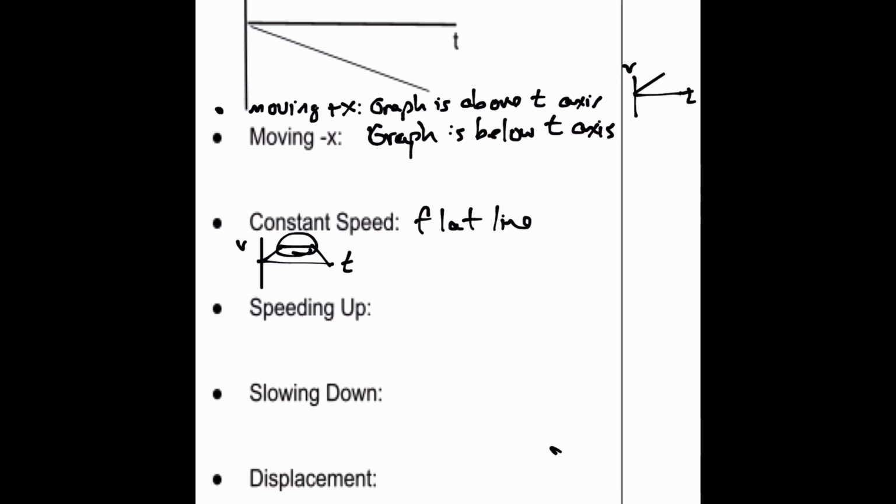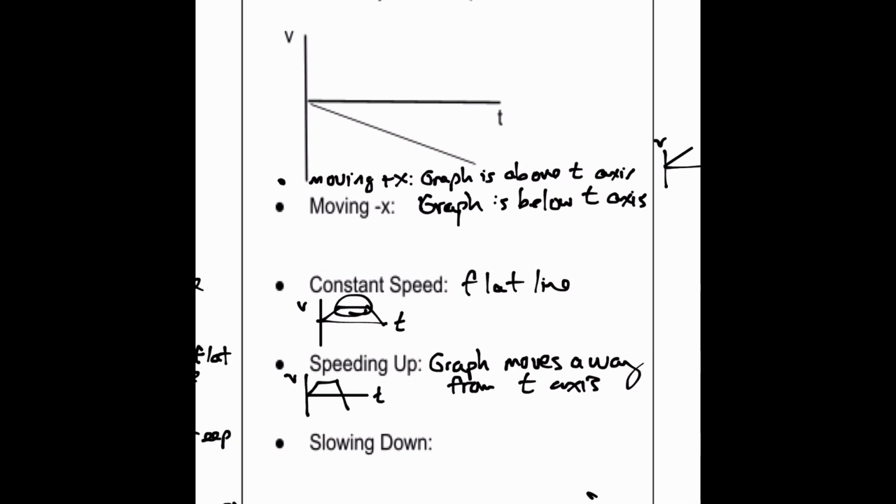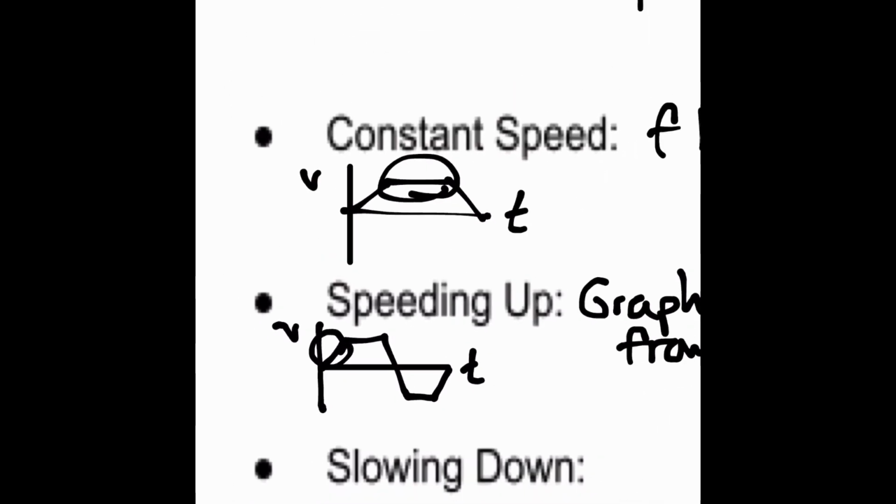Speeding up is when your graph moves away from the t-axis. So again, if I have a graph that looks like this, and I'm just throwing a whole bunch of possibilities here. This part right here, where it's moving away from the t-axis, that would be speeding up.